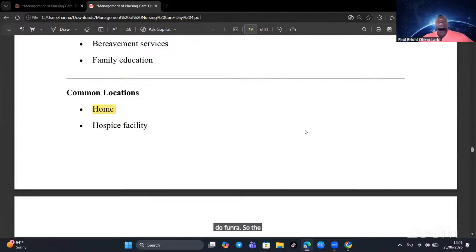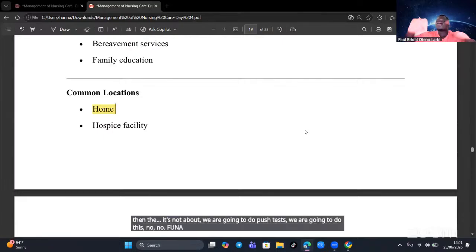So the funeral directors abroad plan the funeral, everything. It's not about you doing posters. Funeral directors will plan everything, and they will do the funeral for the patient.